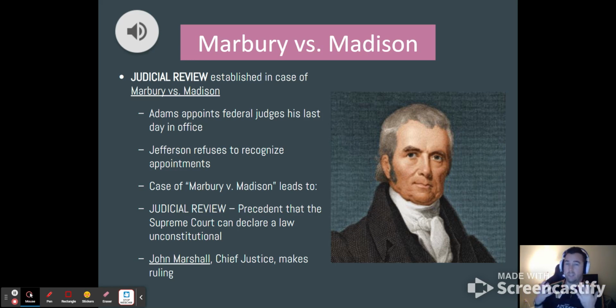And now we run into the first situation where the Supreme Court does something of note. The real big precedent here with Marbury versus Madison is that it establishes this term here in capital letters, judicial review. The biggest important thing to know about Marbury versus Madison is without this case, no other Supreme Court cases exist because this is the one where the Supreme Court does something for the first time.